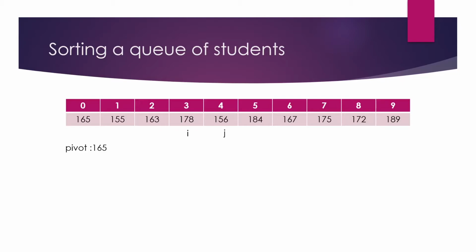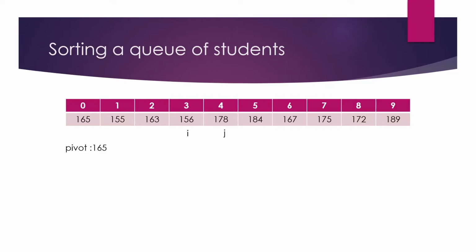So I will stop at index 3 and J will stop at index 4. Then it will perform another swap, and it will continue the incrementation of I and decrementation of J again.